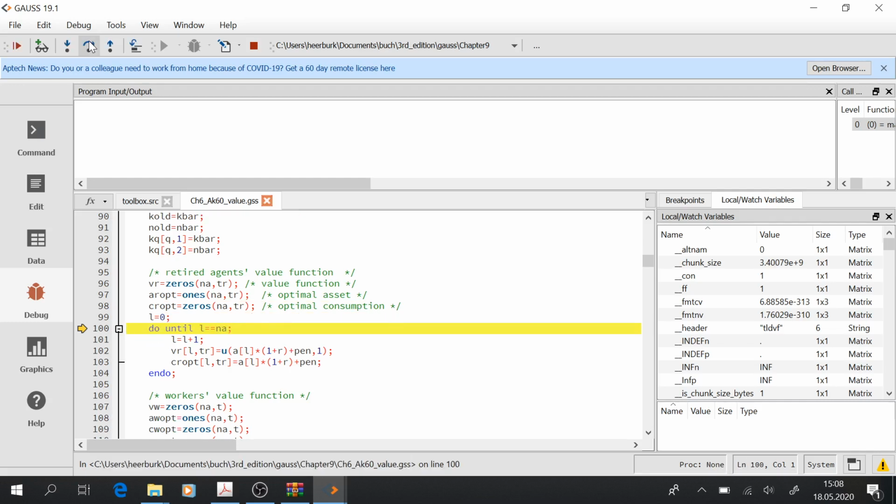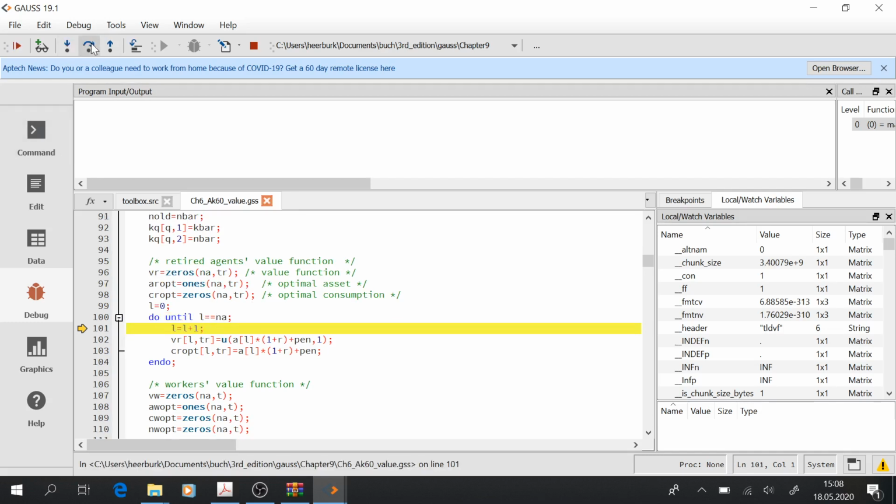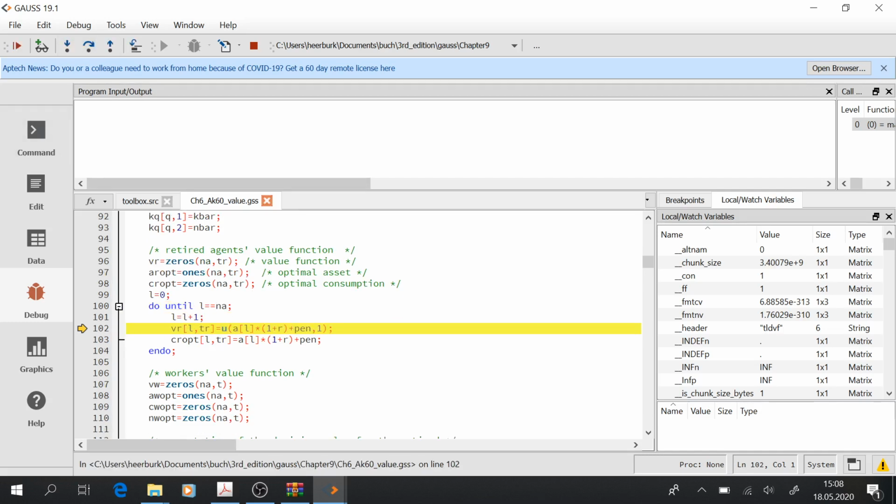And now comes the initialization of the value function in the last period. So in the last period, when we have asset A60 at this amount, our consumption is wealth times 1 plus interest rate plus pension.